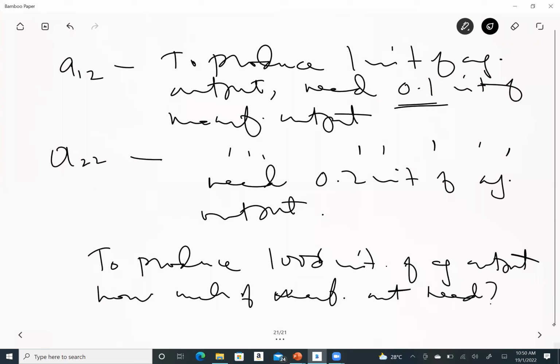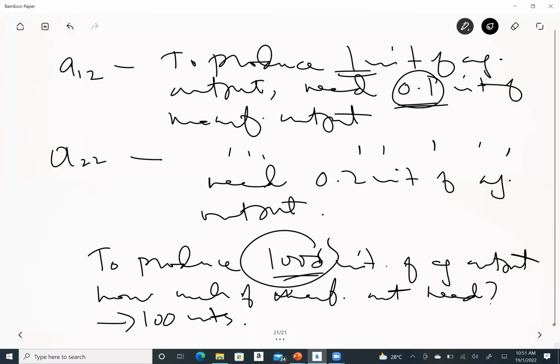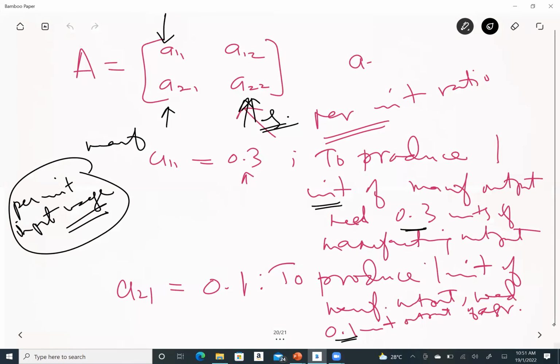If for 1 unit you need 0.1, for 1,000 units I need 100. You multiply by 1,000 because here is the 1 unit requirement. If I want to make 1 million, then multiply by 1 million. So that is the meaning of the coefficients in the technology matrix.